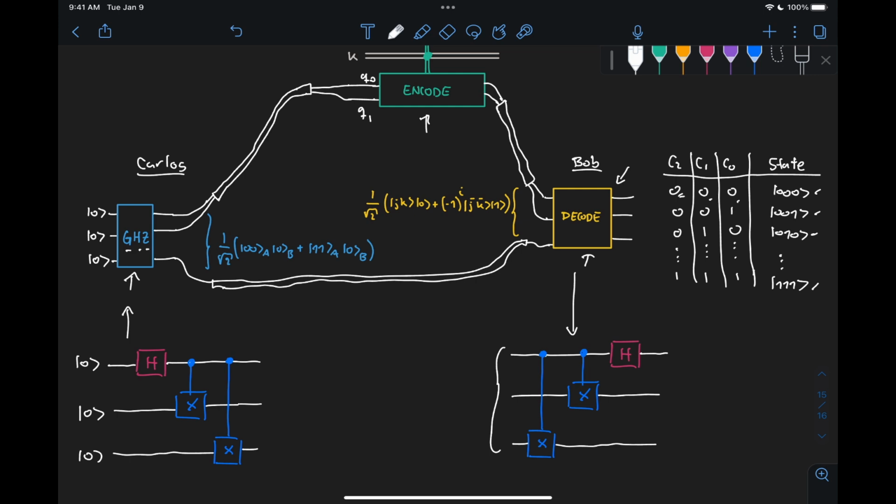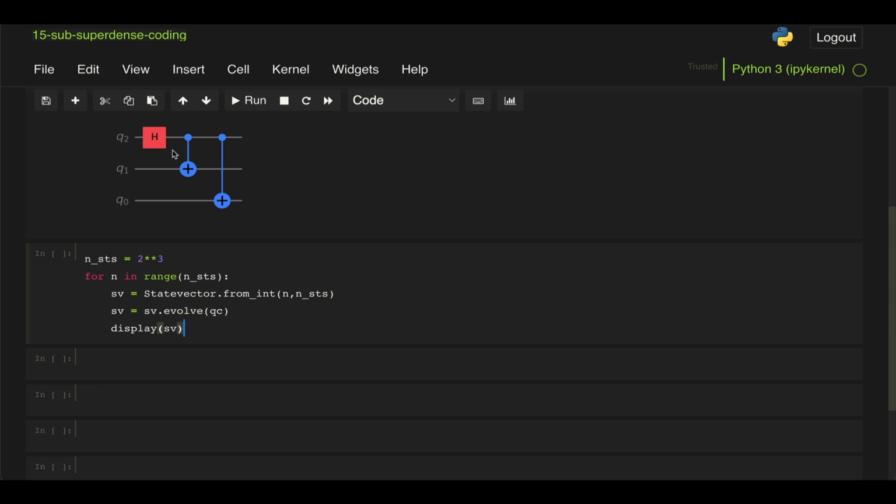But to make it a little bit simpler, we can apply all possible basis states that Bob wants to obtain to this GHZ circuit and see what we get at the input. So let's go ahead and do that with this code. On the left is what Bob wants to decode, which are all possible states 000, 001, 010, all the way to 111.